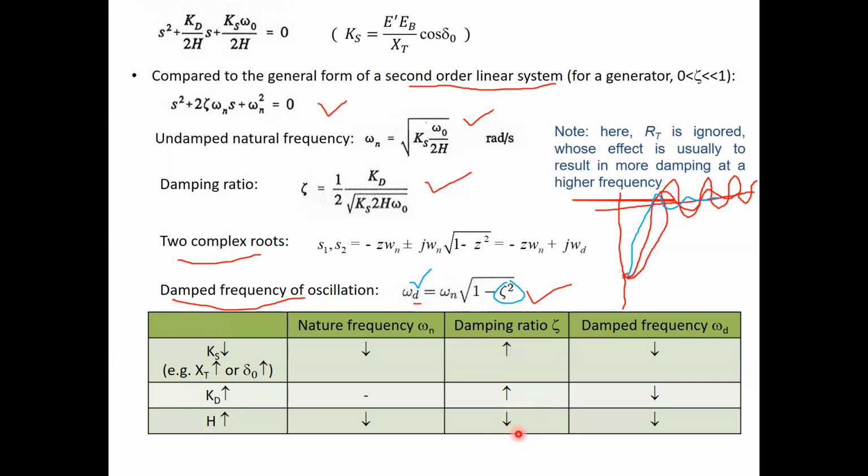Now, going to the damped frequency, if the damping ratio decreases, the damped frequency is supposed to increase with the mathematical expression. Because if the damping ratio squared decreases, the value here will increase. Yes, it will increase if the damping ratio decreases.